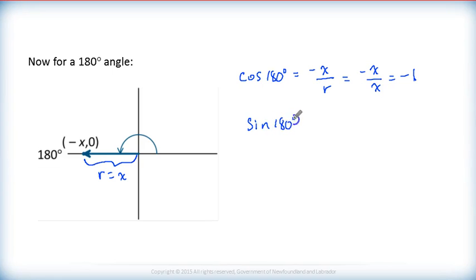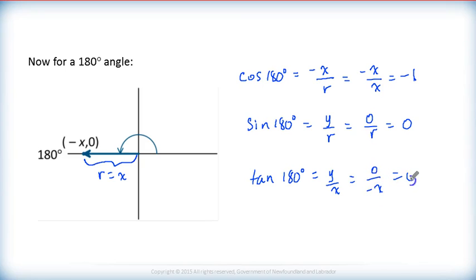Sine of 180 degrees, the y value over r, is 0 divided by r, which is 0. And finally the tan of 180 degrees is the y value over the x value, which is 0 over negative x, which is 0.